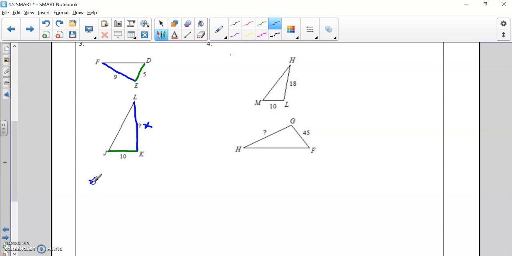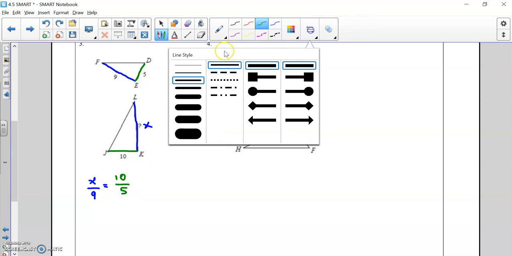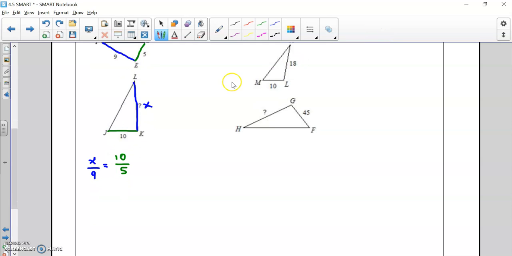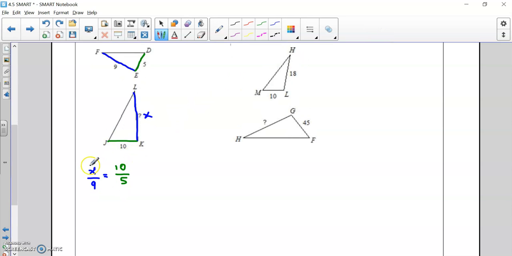So we know that we have an x over 9 equals, the other ratio will be 10 over 5. Like I said, and I'm going to say this a million times probably, you could have done 9 over x and 5 over 10. It's just important that whichever shape you choose for the top, you maintain that for both ratios.